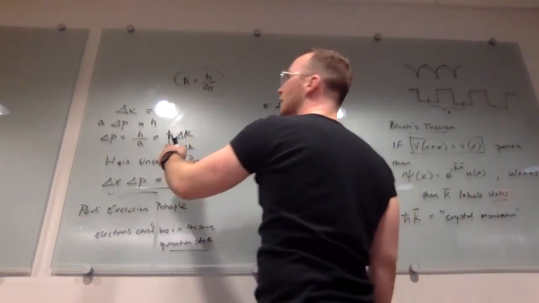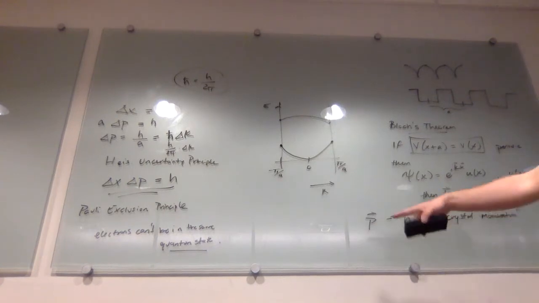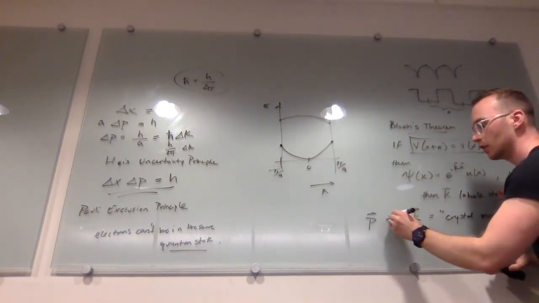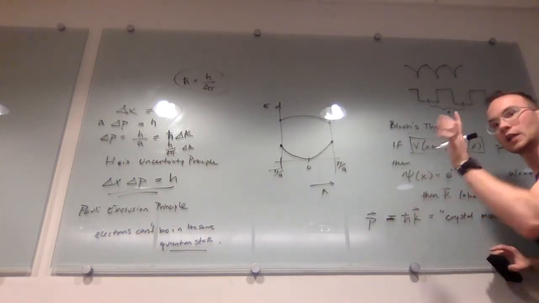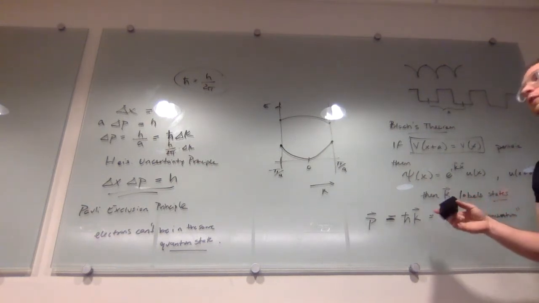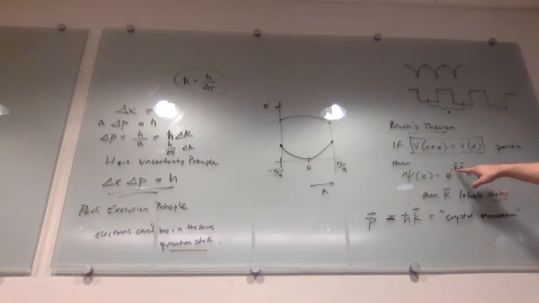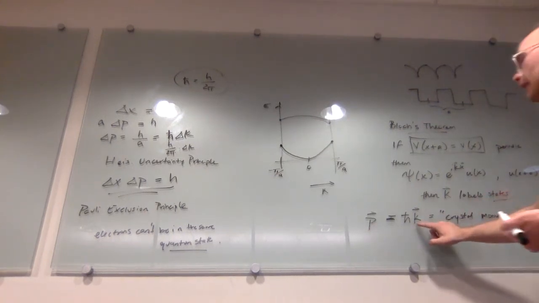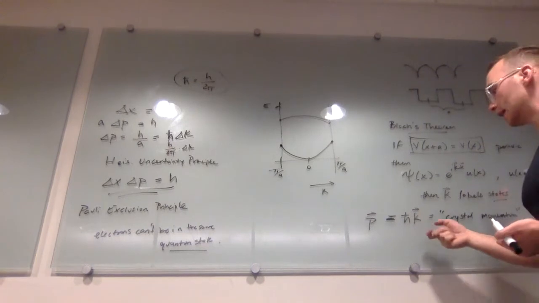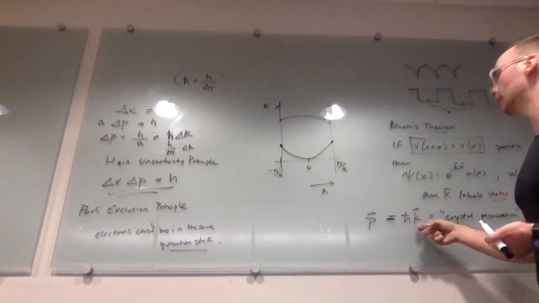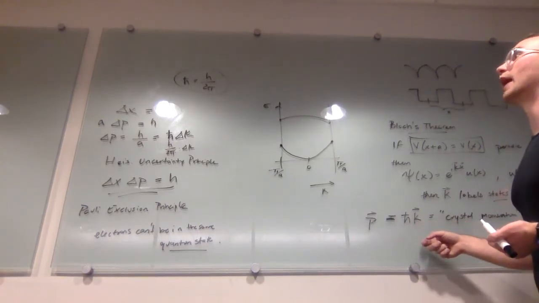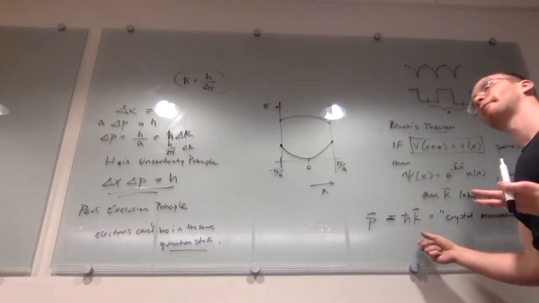Now, why they use h bar in some places and h in other places, if you want a reason why there's a 2 pi anywhere in here, why is pi in here? The reason is because you have this e to the i k x. k is defined as the thing that goes in here, and e to the i k x is something we know is like sine and cosine. So the k comes with its own 2 pi in it. k divided by 2 pi would maybe be more reasonable.